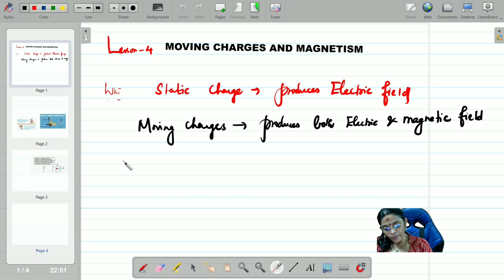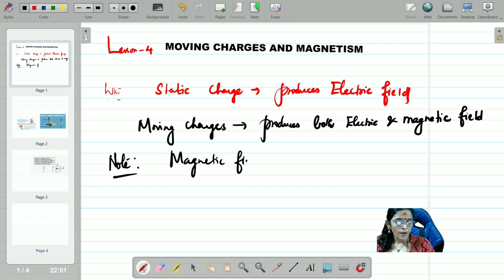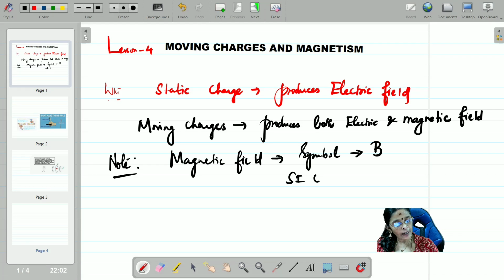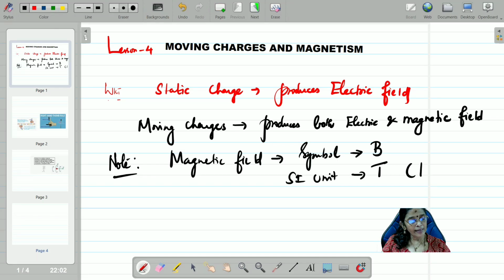Now note, you have to note. The magnetic field symbol is taken as B. The SI unit of magnetic field is Tesla, symbol T. Magnetic field is a vector quantity because it has direction.